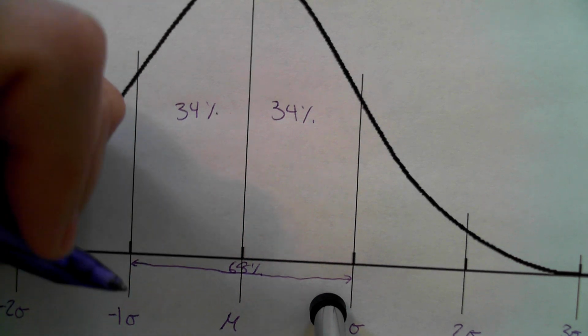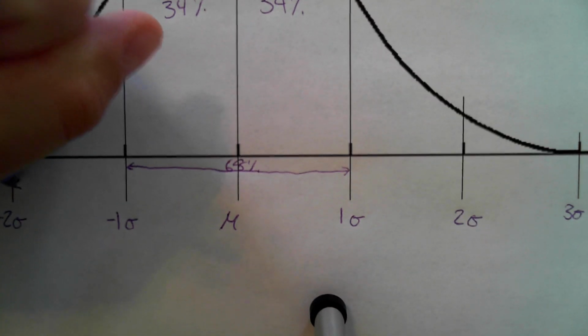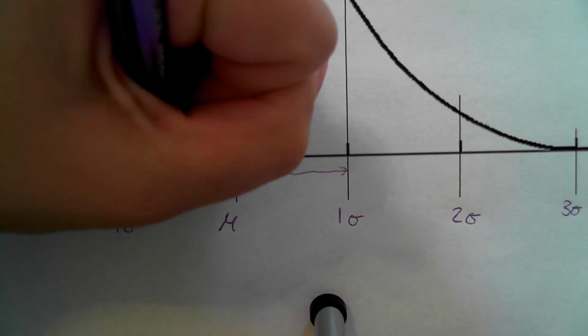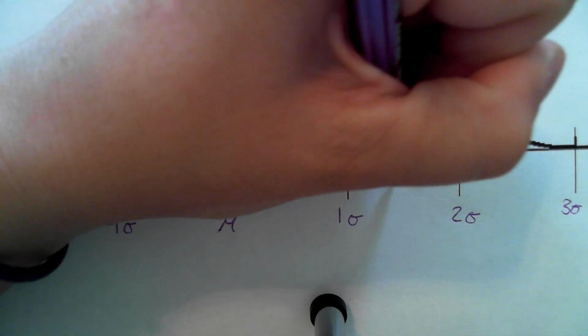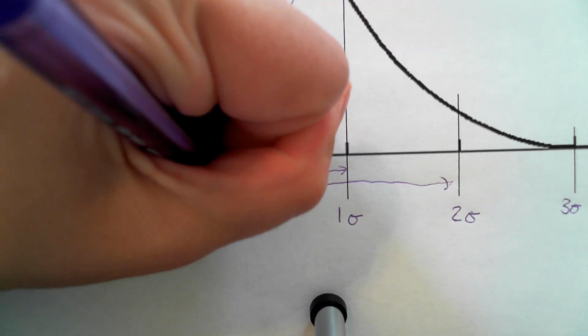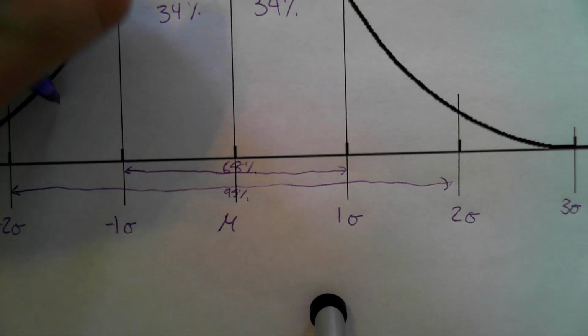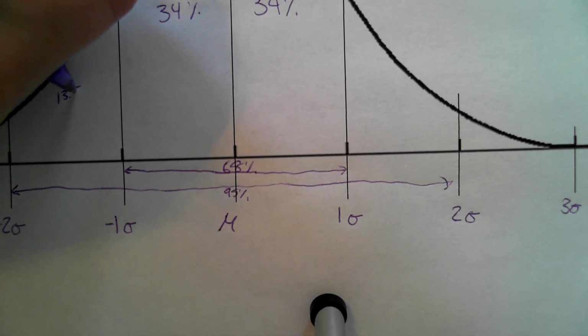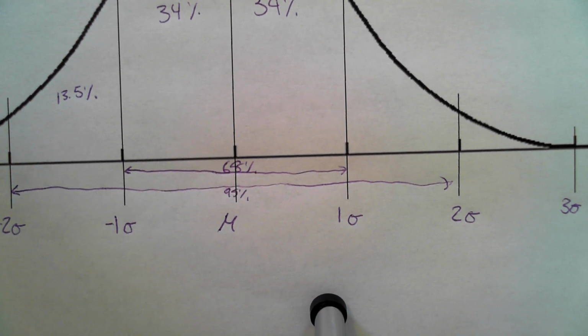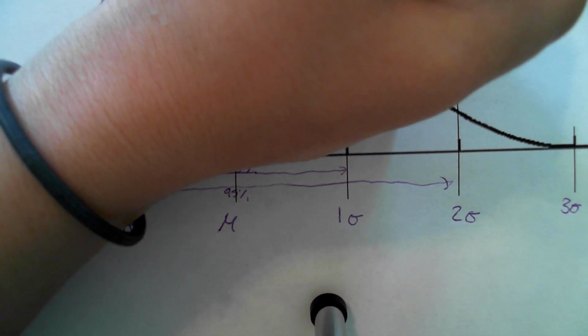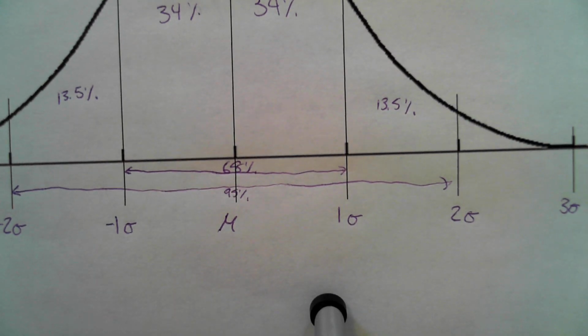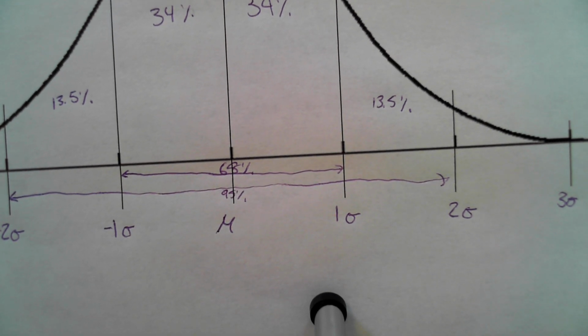So 2 standard deviations out is 95%, which is going to leave 13.5% right here and 13.5% right here.